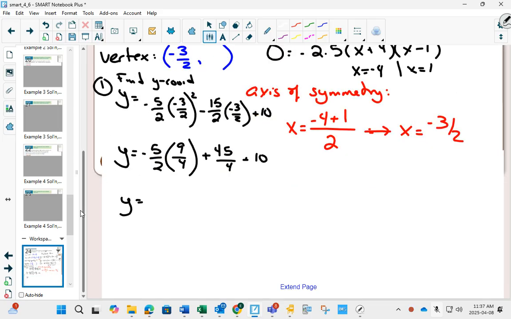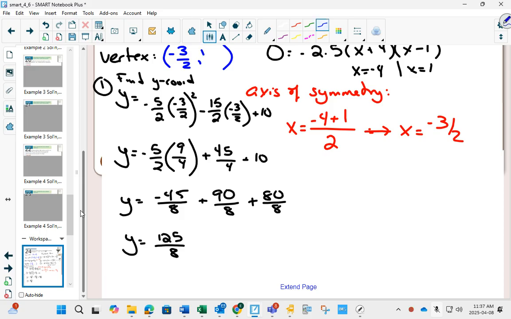And then multiplying these will give me negative 45/8. I'm going to get a common denominator for each of these, and I find out that my y-coordinate is 125/8.